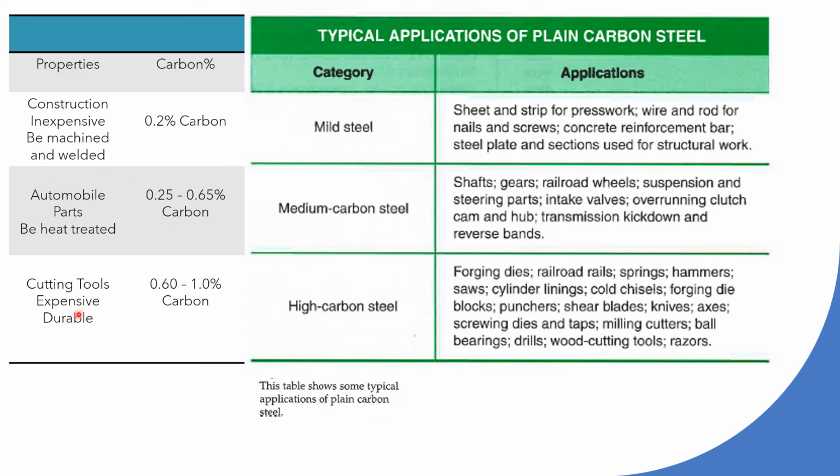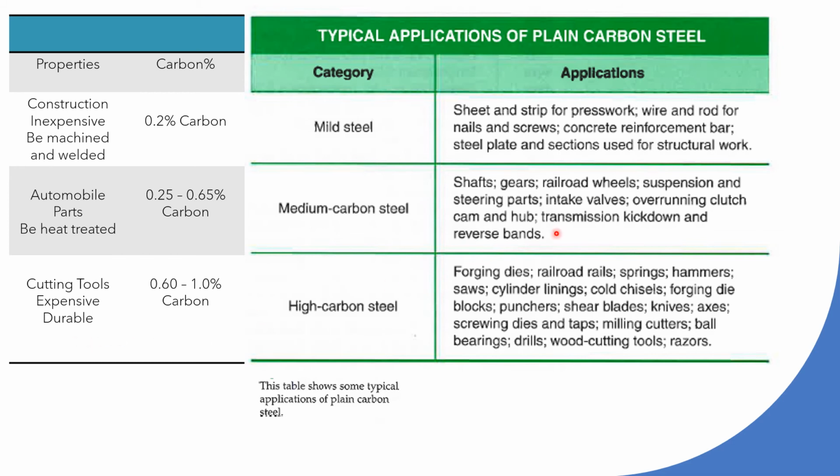When you look at the properties, for construction we use mild steel because it's pretty inexpensive, the cheapest. You can machine it, you can weld it. Medium carbon we use in automotive parts, and you can heat treat it. Then high carbon we use for cutting tools, and it's pretty expensive because it's very durable.